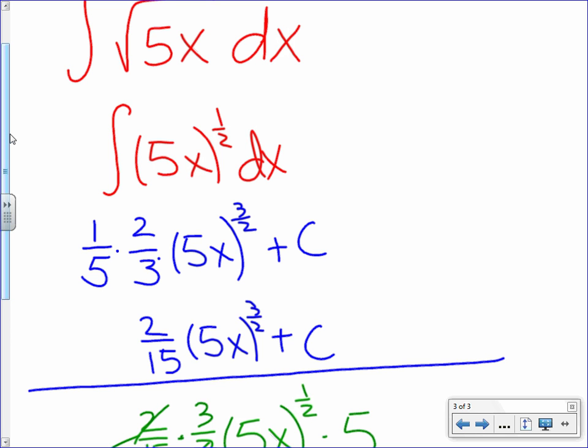Well, you have the same thing as me, so 5 is 3 halves. So I have 5 to the 3 halves. Yeah. It's really bad.